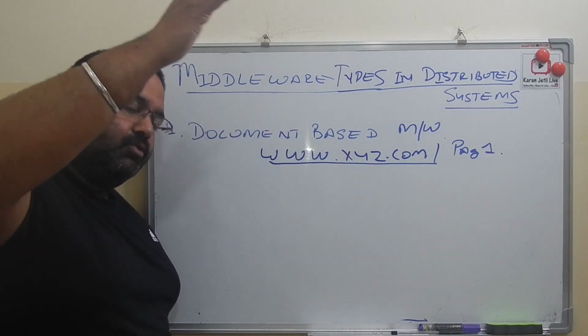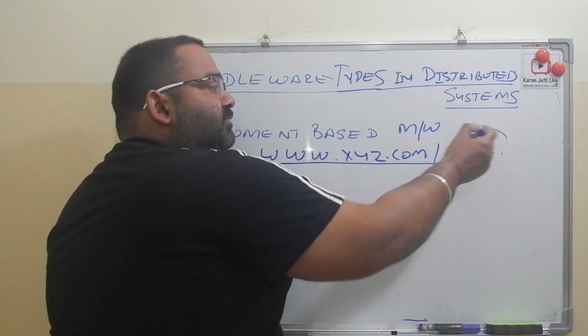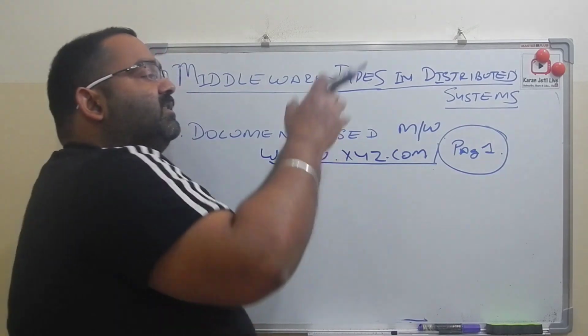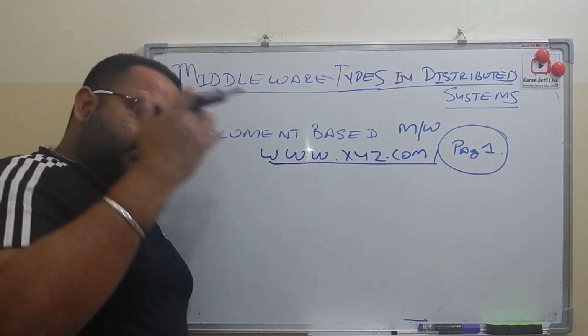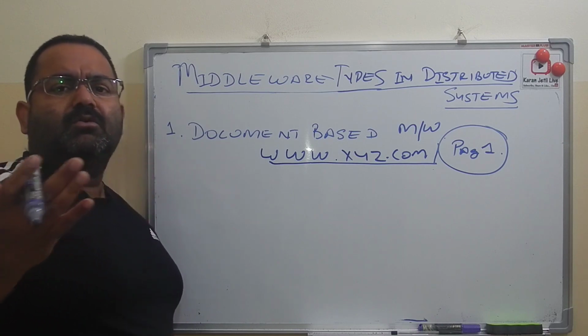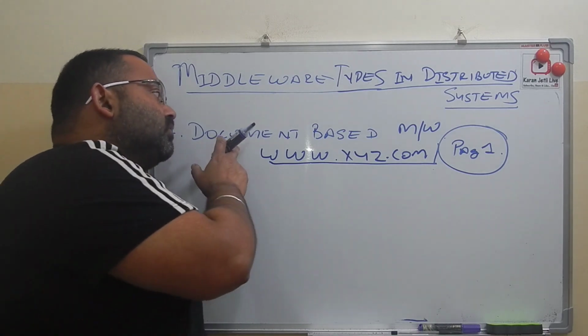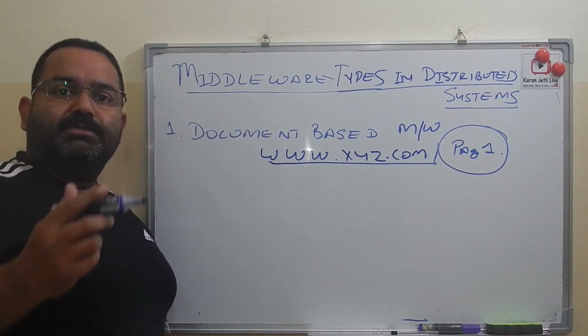Then we go to that computer. On that computer we search for this page 1, and then that page is displayed on your computer using your web browser. Basically this is how the www works, and that type of middleware is called as document based middleware.